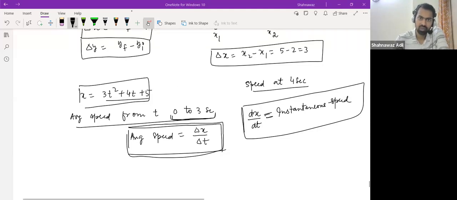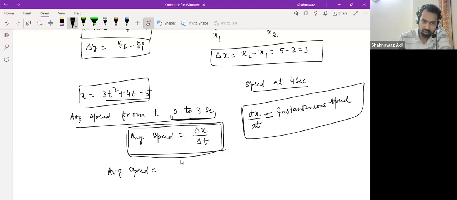Now we need to calculate delta t. So average speed would be x final minus x initial divided by t final minus t initial. T initial is 0. T final is 3 seconds.